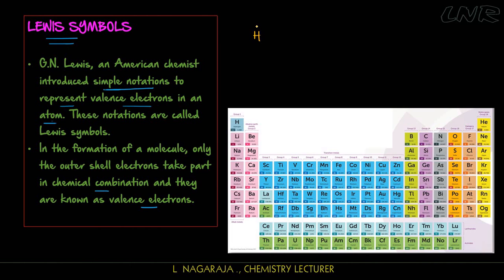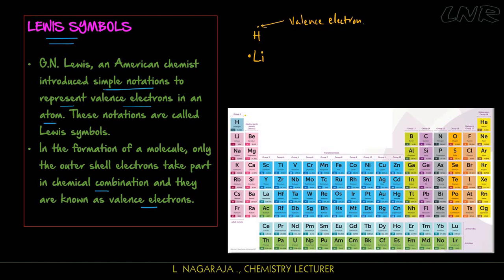So that electron is represented by using a single dot. The dot indicates the valence electron. Like that, let us take one more element in the first group, that is lithium. Lithium also contains only one electron, right? So that electron is represented by writing one single dot.